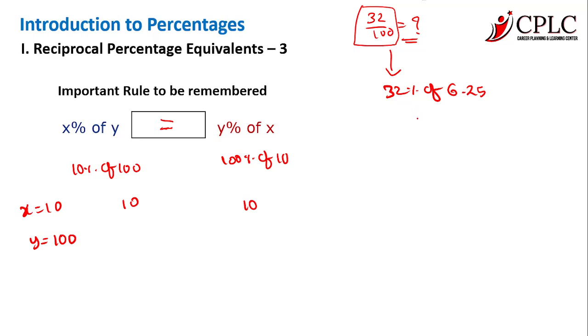But if we change the percentage sign from 32 to 6.25, probably we can use the fraction. So first we change the question by applying this rule, and the question becomes y percent of x, which is 6.25% of 32.